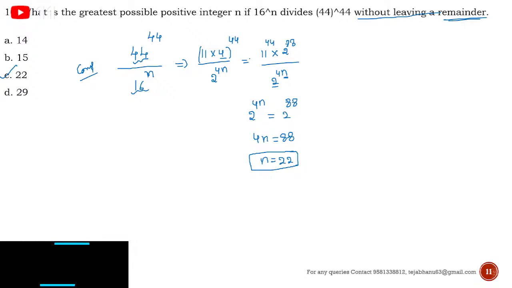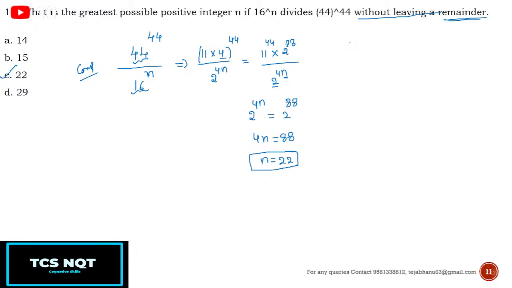Is this clear, everybody? 22 is the n value.